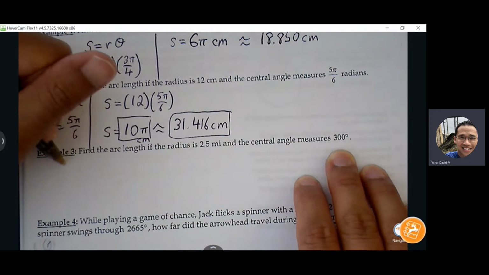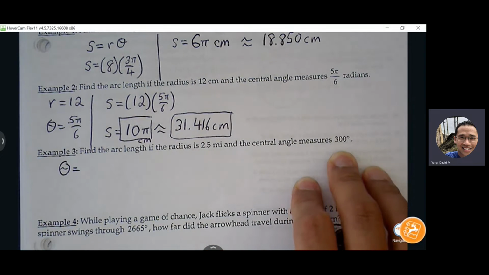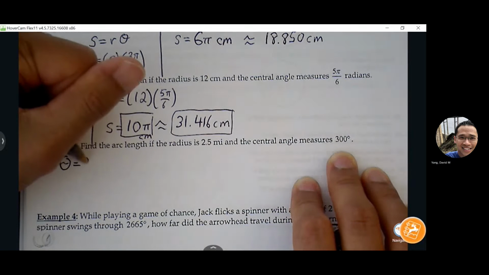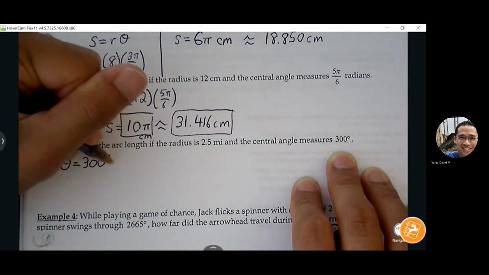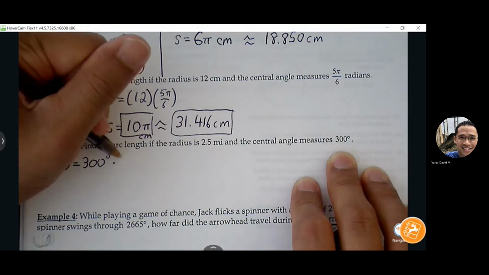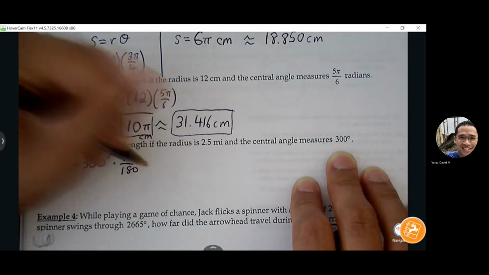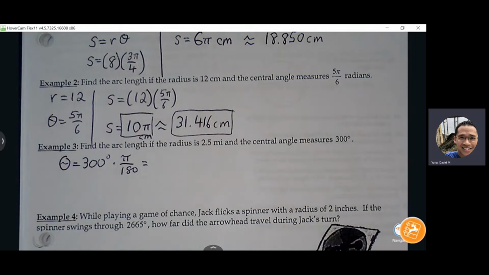So we have to go through conversion, get the theta that we can use, before we can use the arc length formula. So how do I convert? Get that theta conversion done first, then you can use the arc length formula.